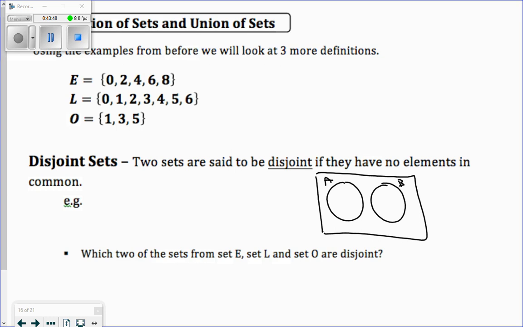So which two sets, E, L, or O, are disjoint? Which ones have no overlap? Is there overlap between E and L? Yes. Is there overlap between E and O? No. So E and O are disjoint.